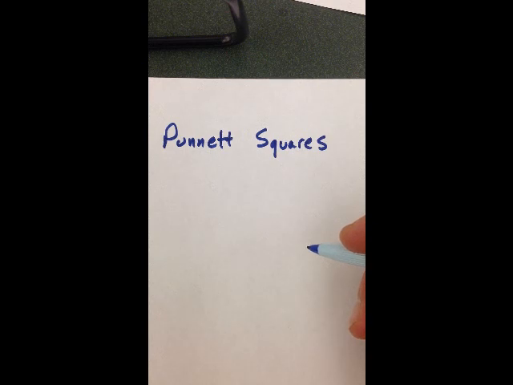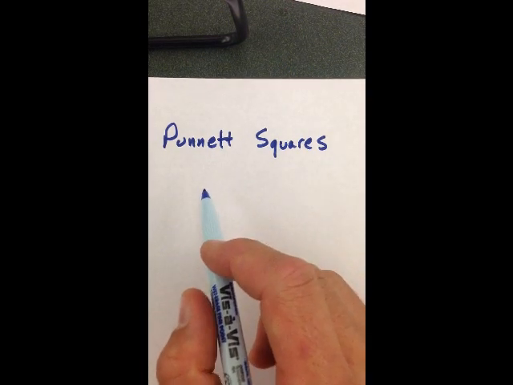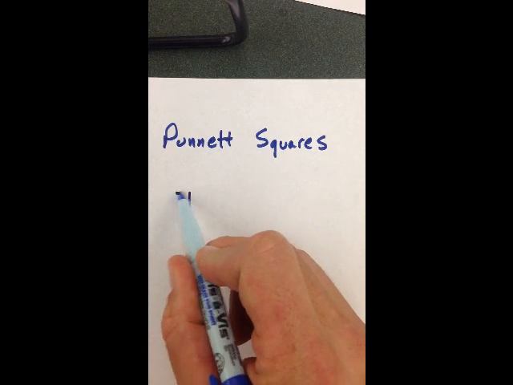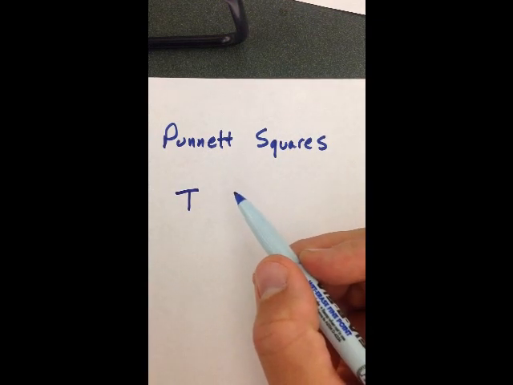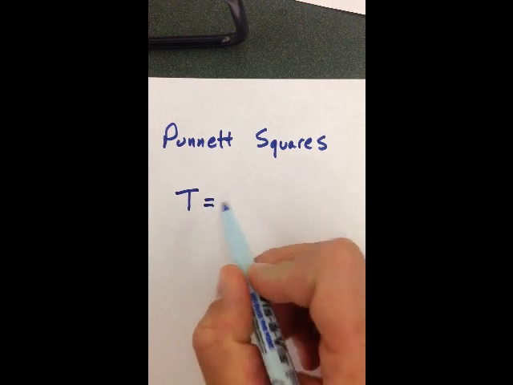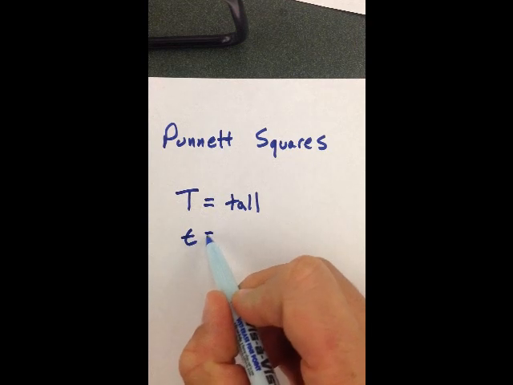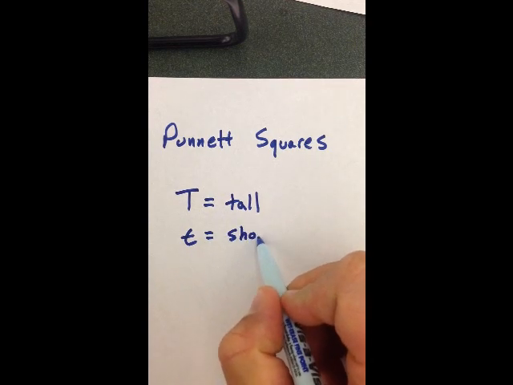And if we were talking about the height of pea plants, we would choose a letter that represents the dominant trait. So if tallness is the dominant trait in pea plants, we would use a T for tall, and we would capitalize it. So the big T represents tall, and the little t represents short.